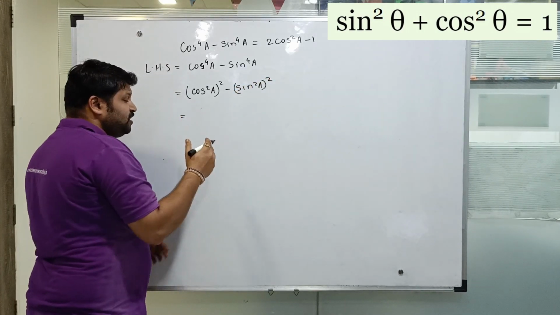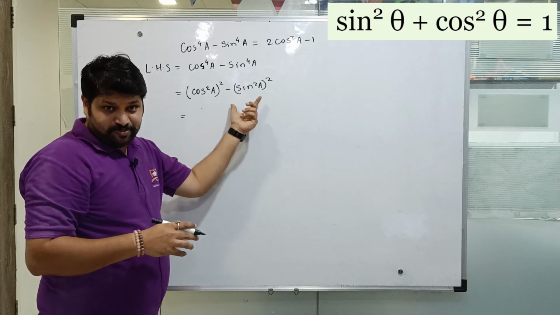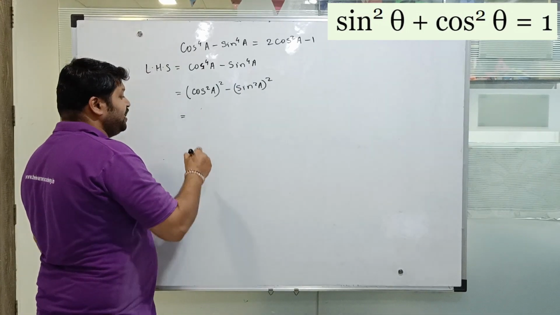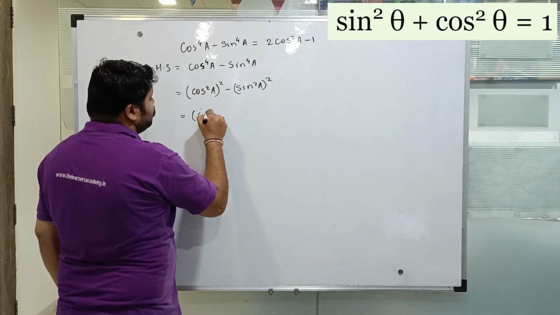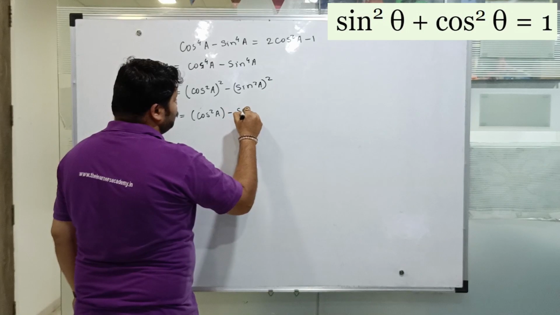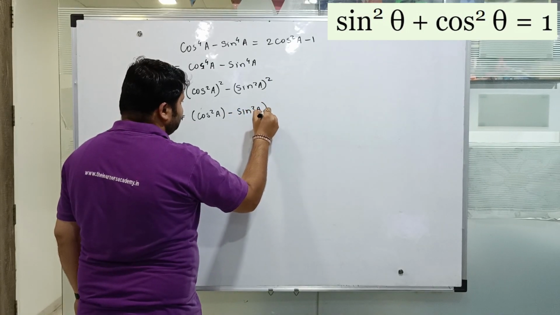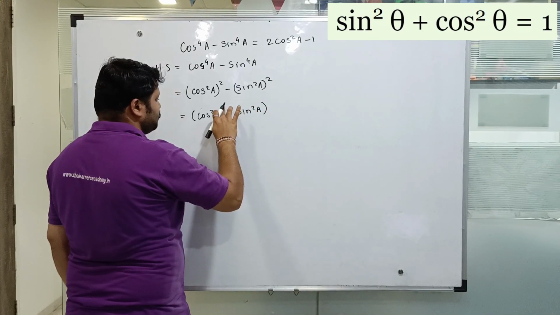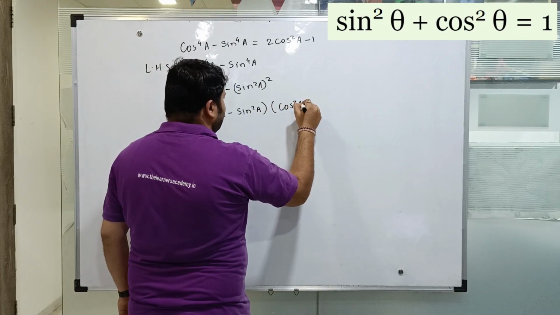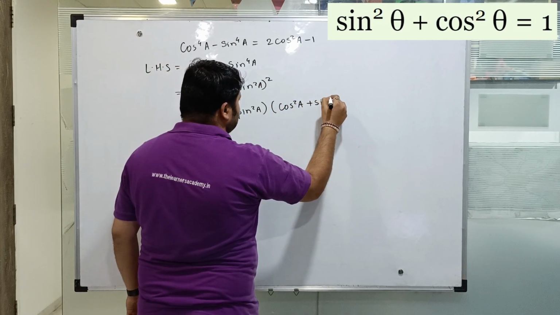This would give me a square minus b square, so I can expand it using that identity and write it as cos square a minus sin square a multiplied by cos square a plus sin square a.